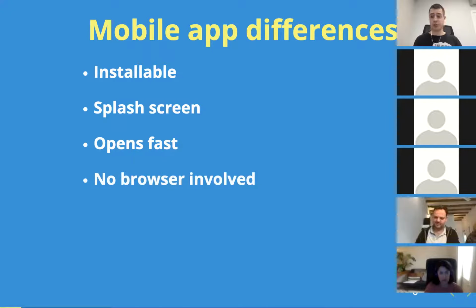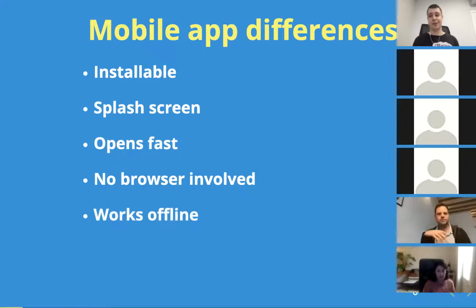Obviously, mobile applications don't have browsers involved at all. So you don't even see that there's a browser behind this, the browser address bar and so on. Yet another difference, which relates to our today's subject, is that every application is capable of working offline to a certain degree.